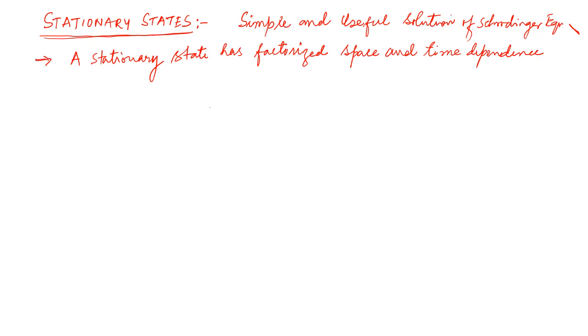That means if I write a stationary state, for example psi(x,t), this is written in a factorized form: one is g(t), the time dependent part, and then I have psi(x), the space dependent part. So a stationary state has a factorized space and time dependence.